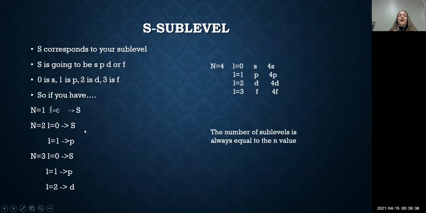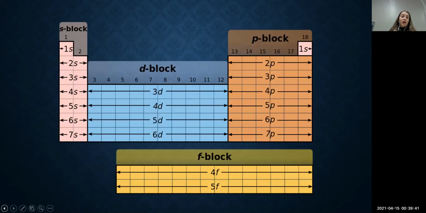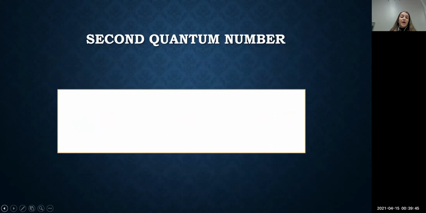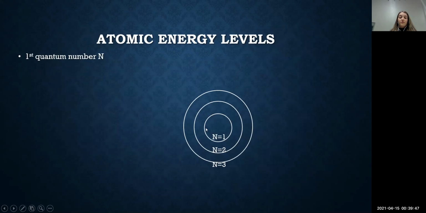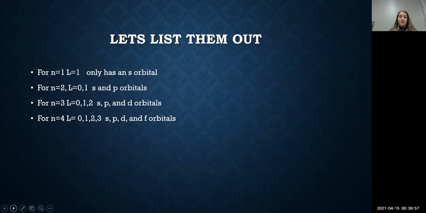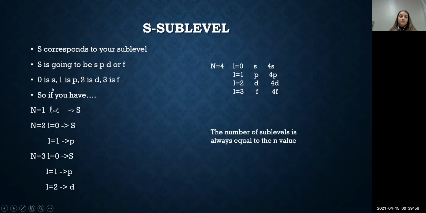So let's talk about the S sublevel. So our N level is going to be, if we go back, that's our first energy level. Now we're getting into the sublevels of that. So let's go back. S corresponds to your sublevel.